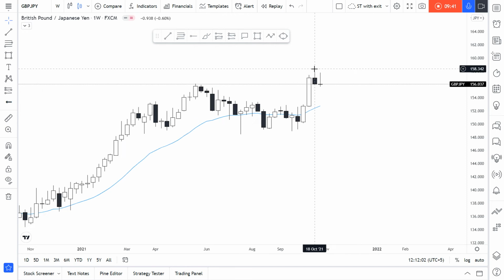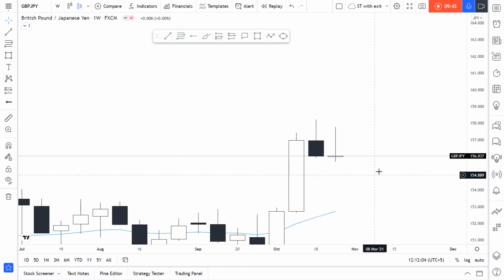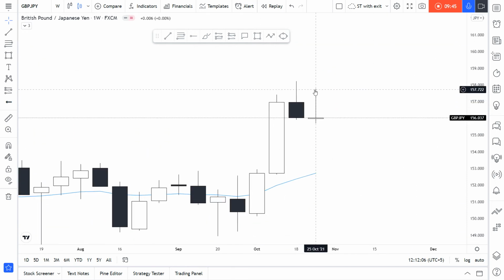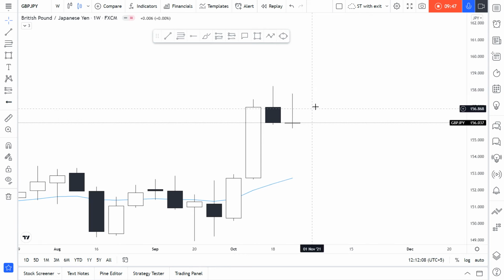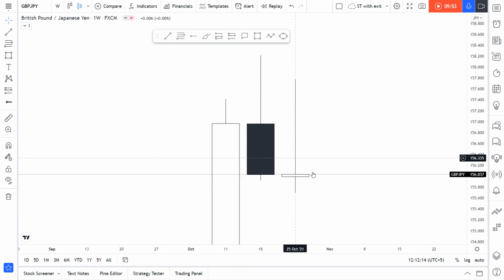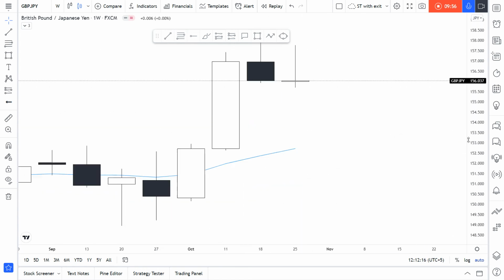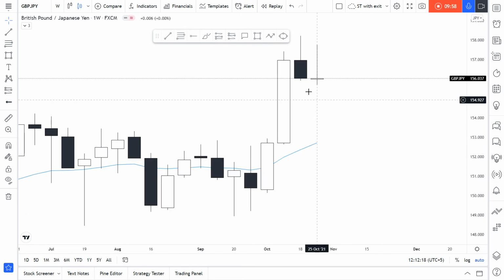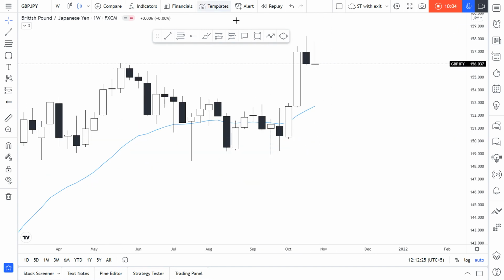So the price just tried to push up this week, but the sellers took over, and the price closed to the downside near the opening of the previous week. So in my opinion, that failure of the break to the upside means we can just test those lows before going up.